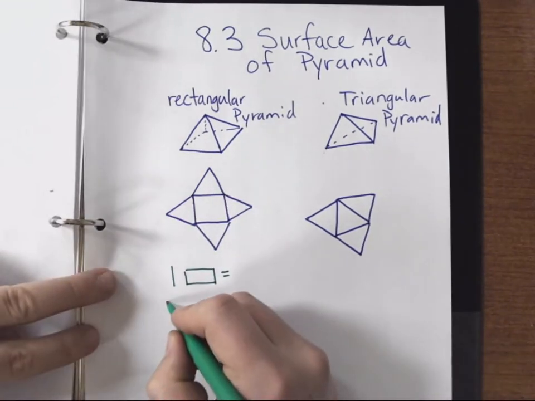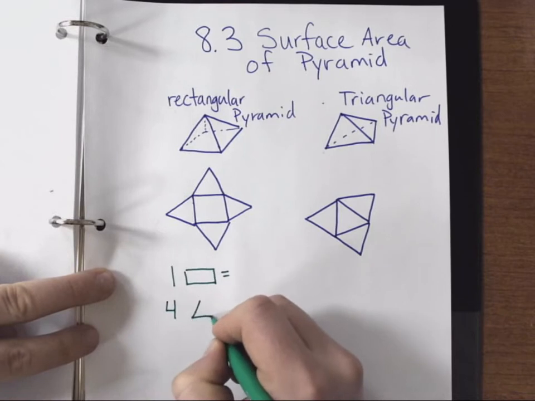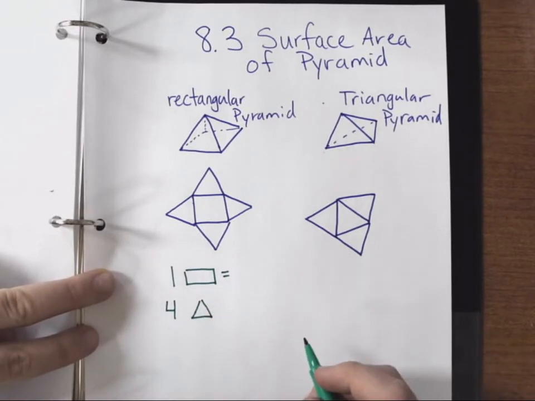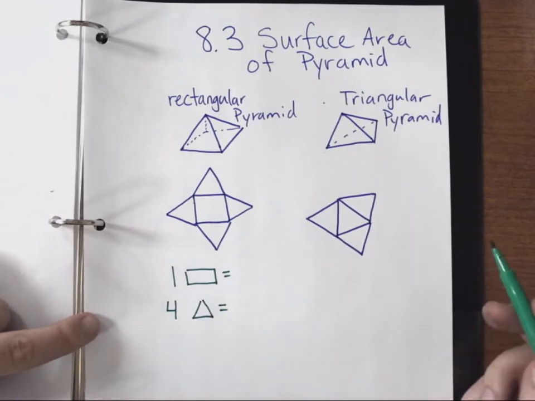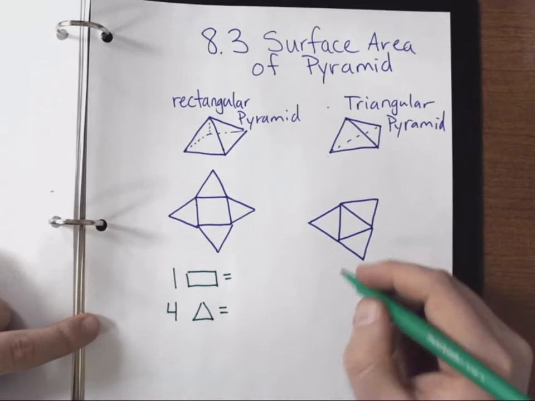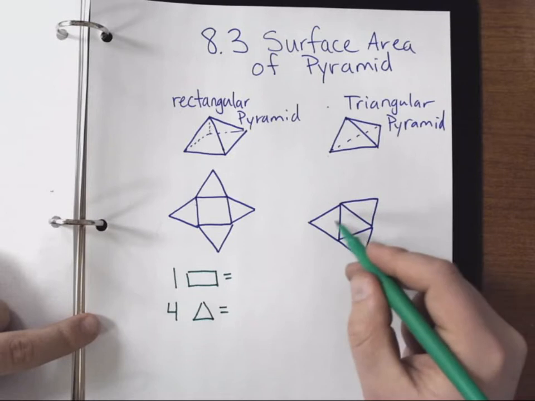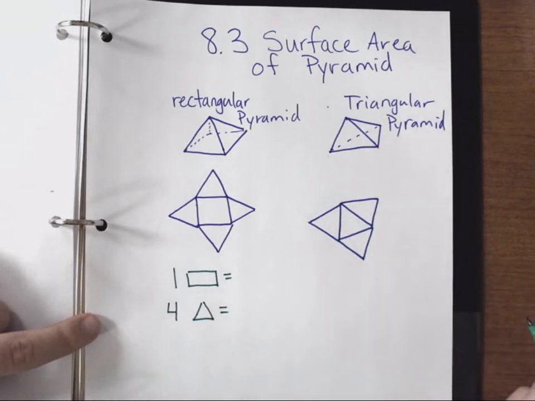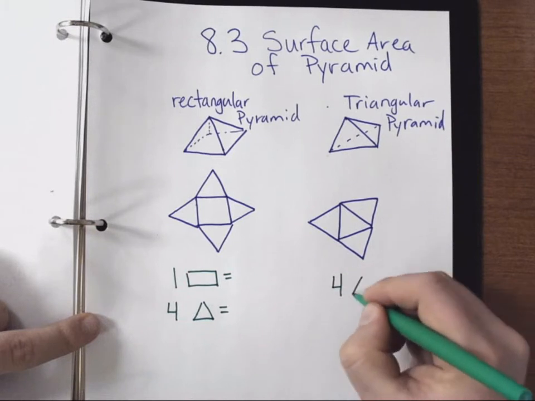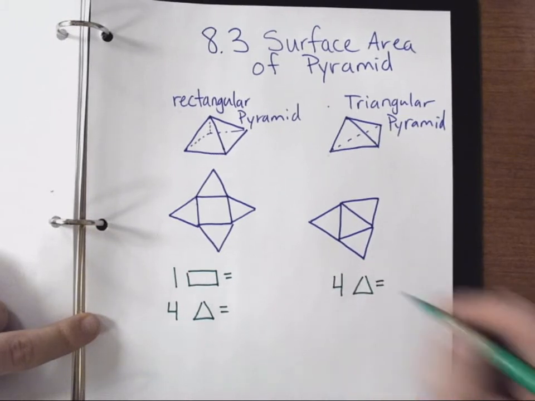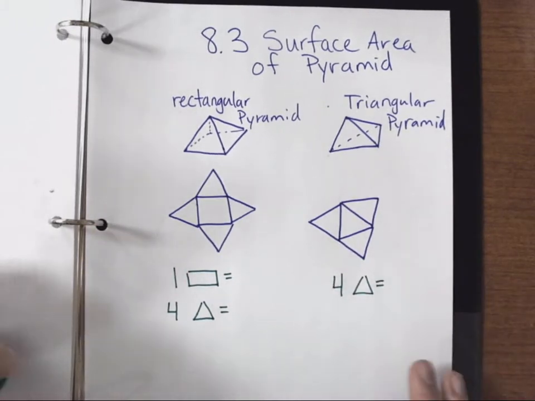So that means that we have 4 triangles that we need to find the area of. Whereas on a triangular pyramid, we have our triangular base, and we have also 3 lateral faces that are all triangles. So we will only have 4 triangular faces that we need to find the surface area of.